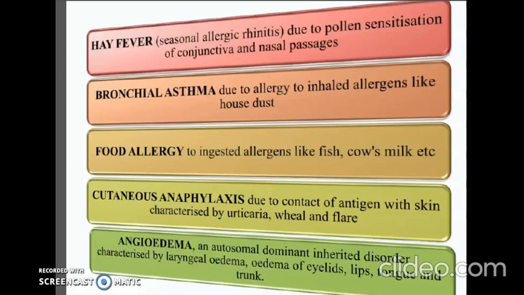Examples of localized anaphylaxis include hay fever, which occurs due to pollen sensitization of conjunctiva and nasal passages, bronchial asthma, which results from inhalation of house dust, food allergy by ingesting allergens like fish and cow's milk, cutaneous anaphylaxis due to contact of antigen with skin characterized by urticaria, wheal and flare, and angioedema, an autosomal dominant inherited disorder characterized by laryngeal edema, edema of eyelids, lips, tongue and trunk.